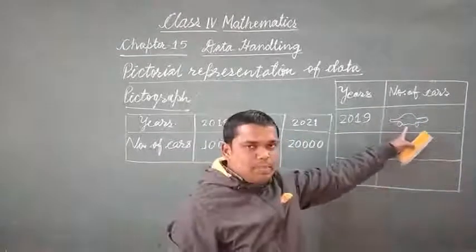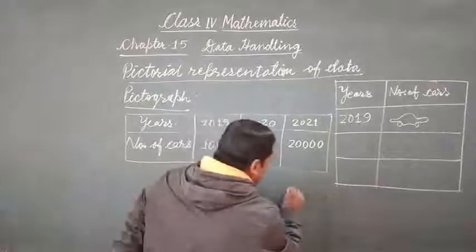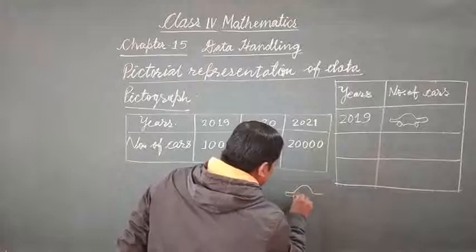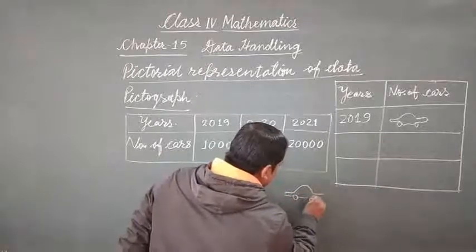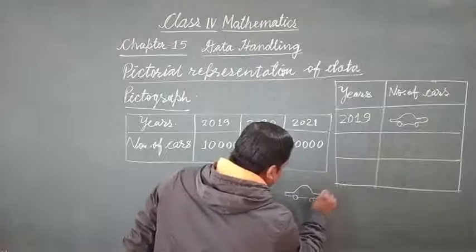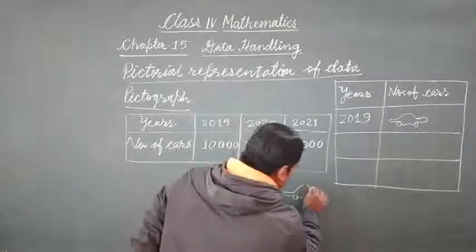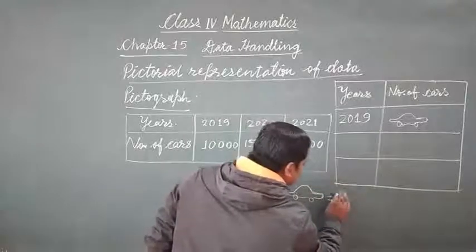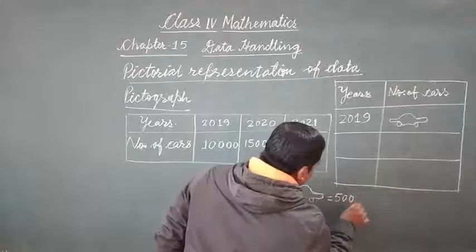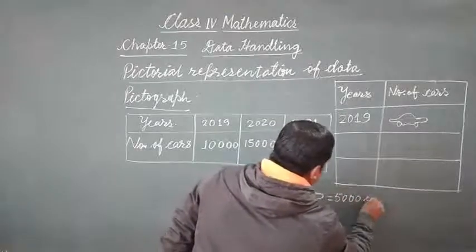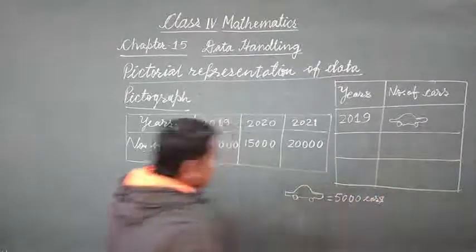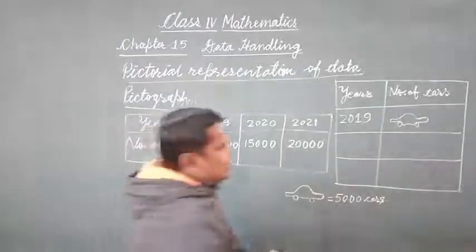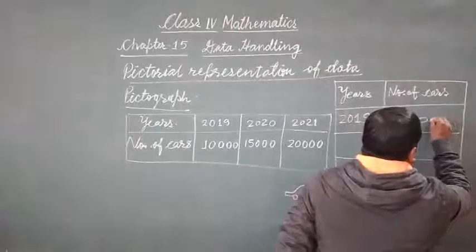Suppose this represents, means here we write one car represents this one car is equal to 5,000 cars. Okay. Means to represent 10,000 cars, we show two cars.